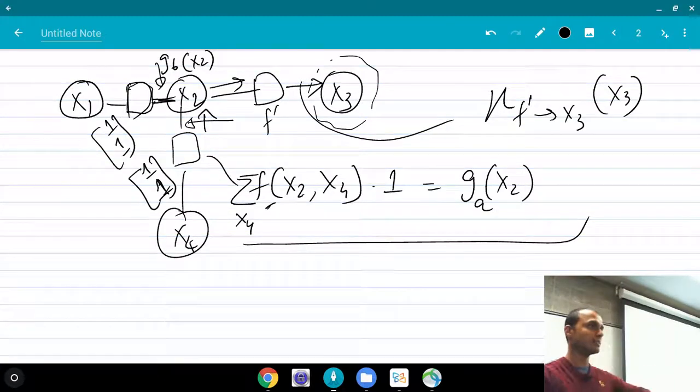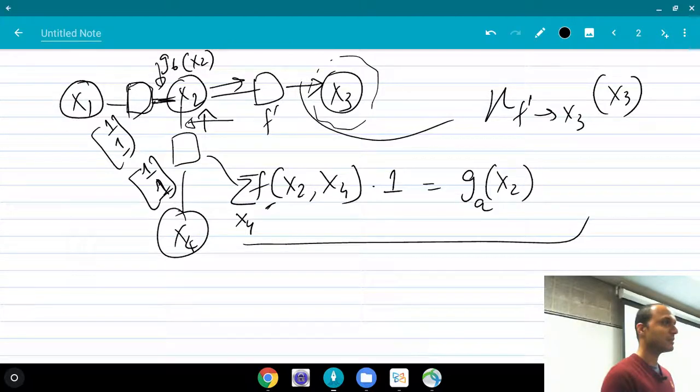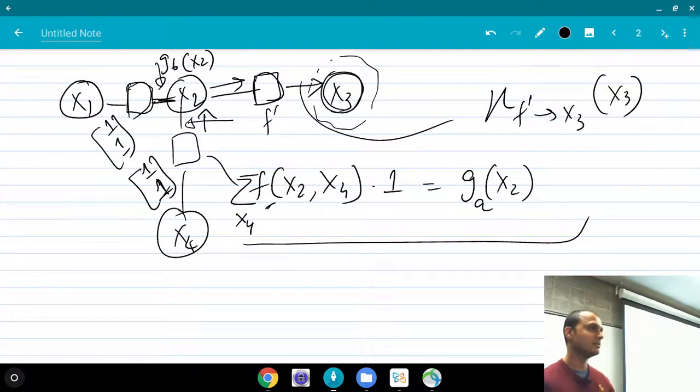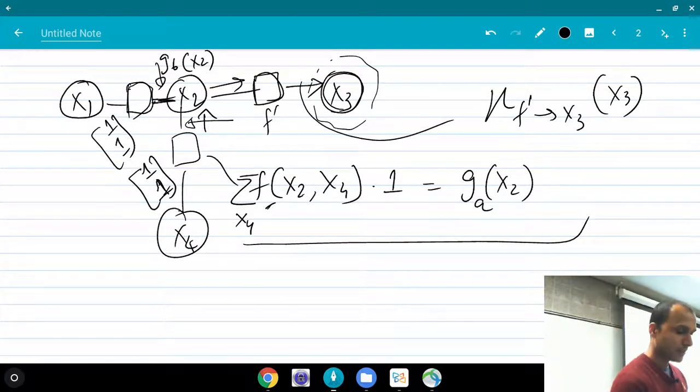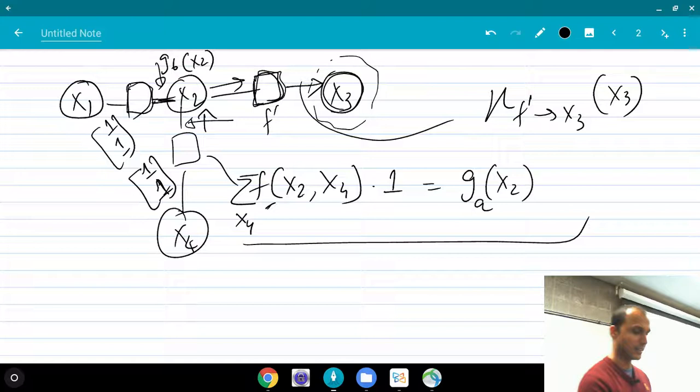So x3 now got the message. Now you're done with that pass, so you have a bunch of messages. Keep them, don't forget them. Now pass messages back, from the root to the leaves. What is the message from this node to the factor node? It's again all ones. And from this factor node to x2, you know what the message is.